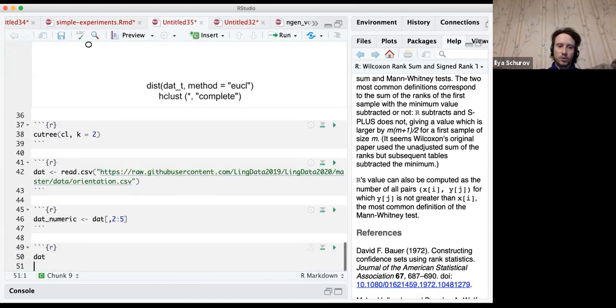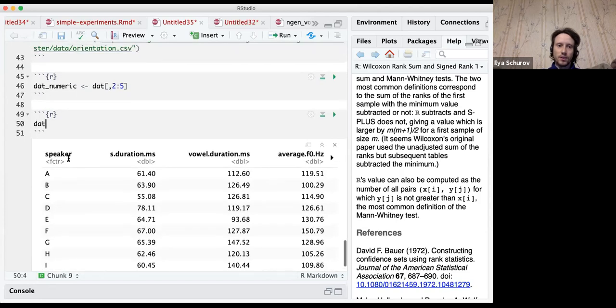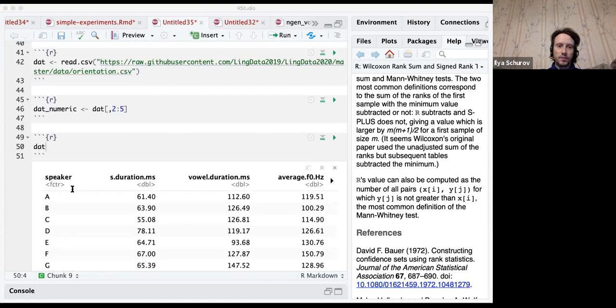I also want to keep my names of the speaker here. So let us put these names of speaker as the name of row.